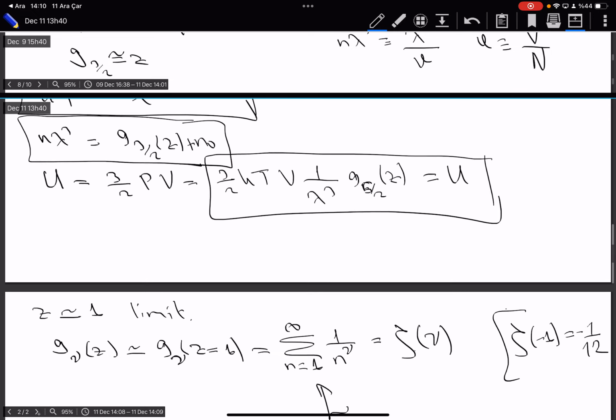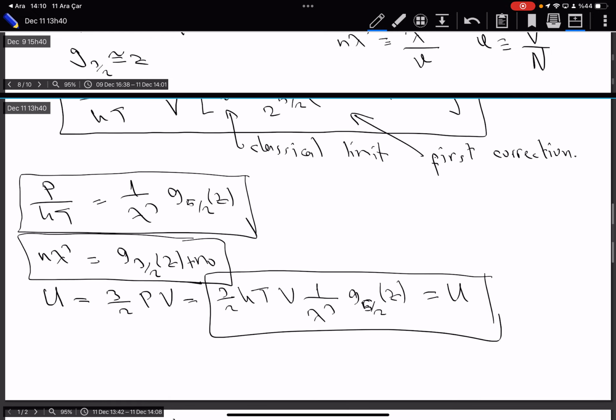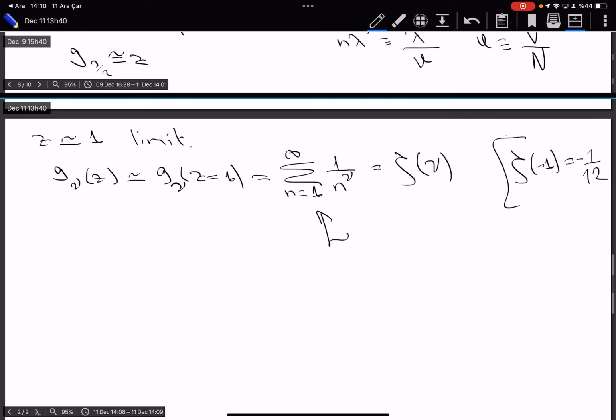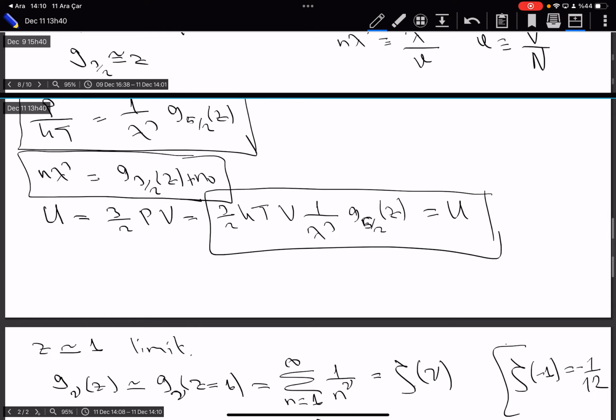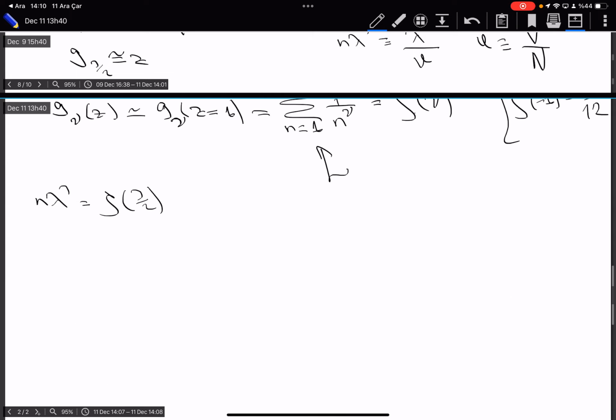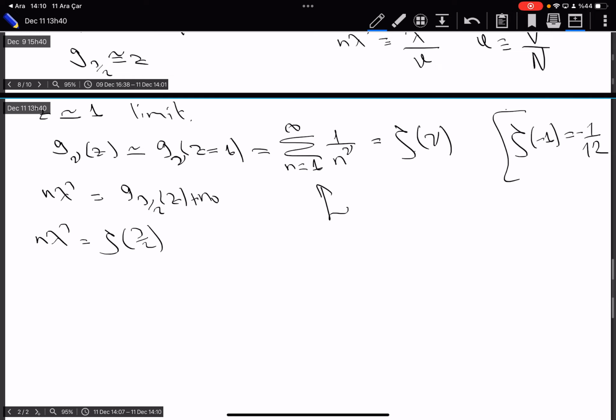So, well, that basically simplifies our treatment significantly. You see, on one hand, we have n lambda cubed should be equal to, this is the equation I'm looking at, plus n0.